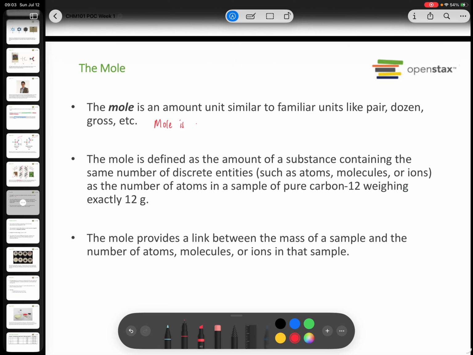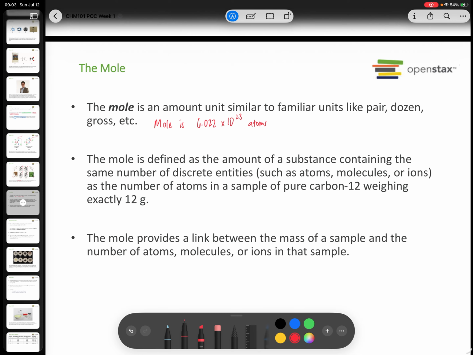So, mole is or means 6.022 times 10 to the 23, no? Object. Sabihin na natin object or pieces, ganyan. Pero, in reality, atoms talaga siya, no? Atoms per molecule.